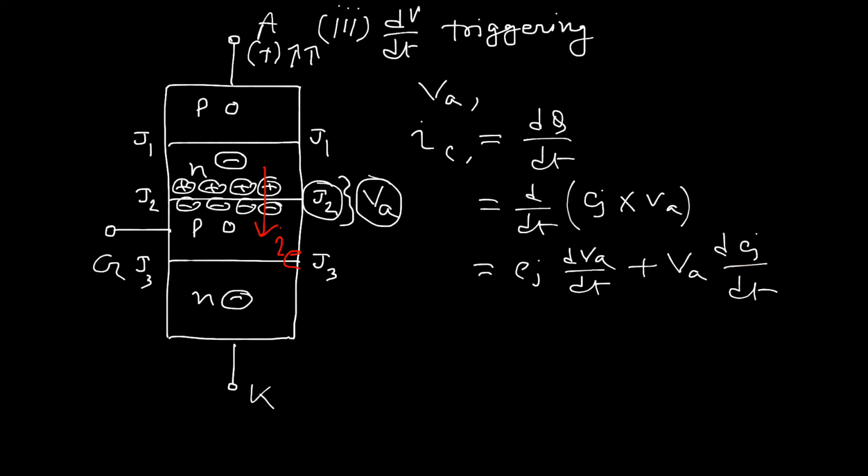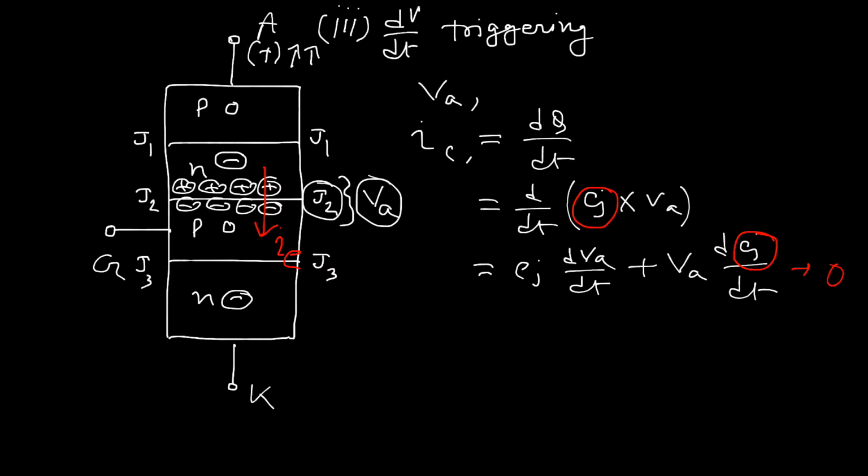In this particular case, the capacitance Cj is constant for the particular junction J2. It depends on the doping concentration of the thyristor and is specified by the manufacturer only. So we can consider this junction capacitance constant, and the derivative of a constant gives 0.